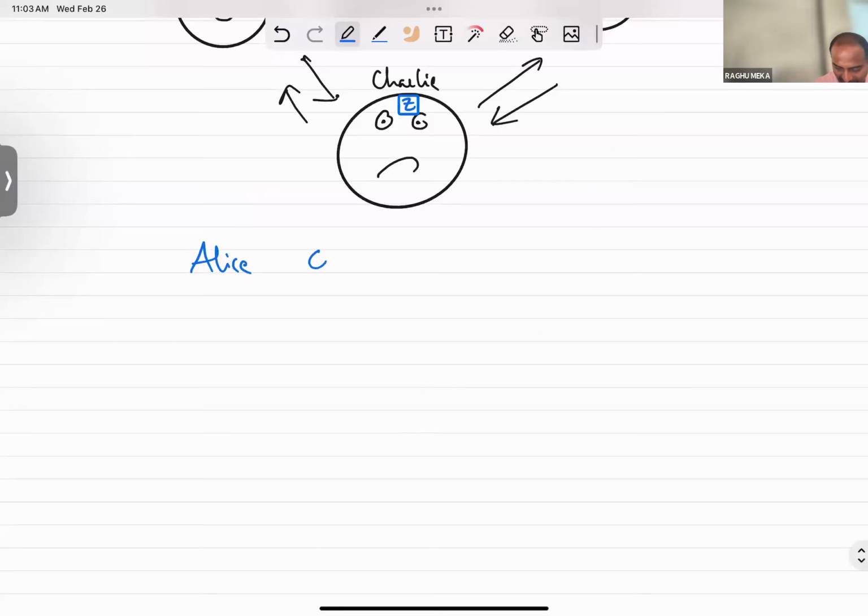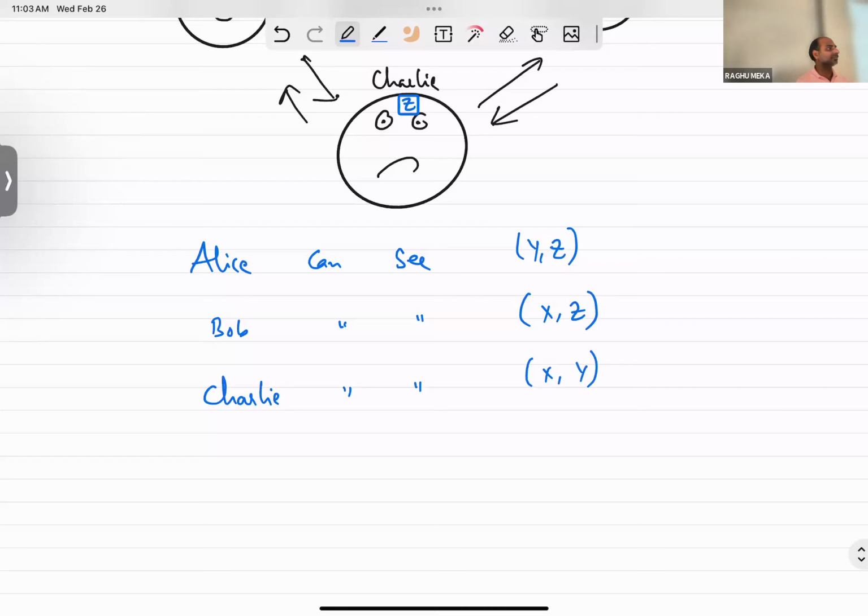So Alice can see Y, Z. Bob can see X, Z. Charlie can see X, Y. And you can ask the same thing: what is the communication required in this model?